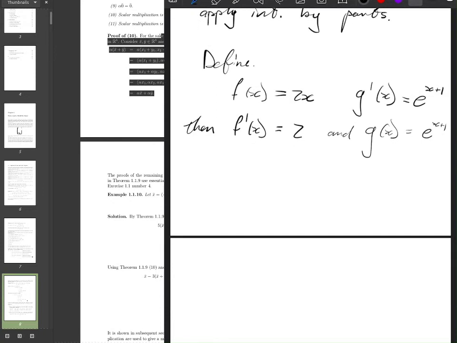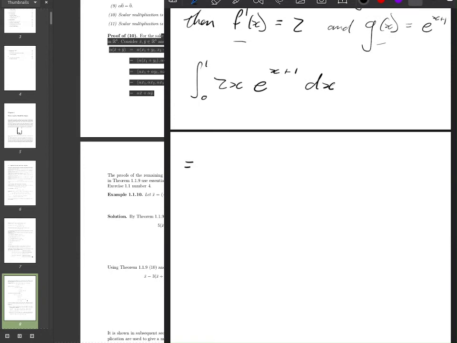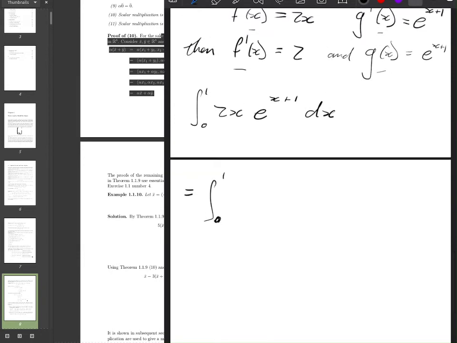Okay, so now we can just plug in these values for our functions. So the integral from 0 to 1 of 2x e to the x plus 1 dx is the same now as the integral from 0 to 1 of f of x g prime of x dx.